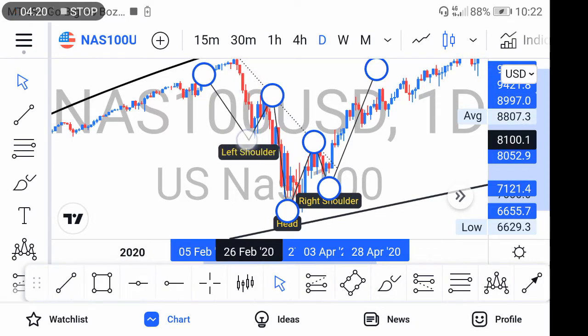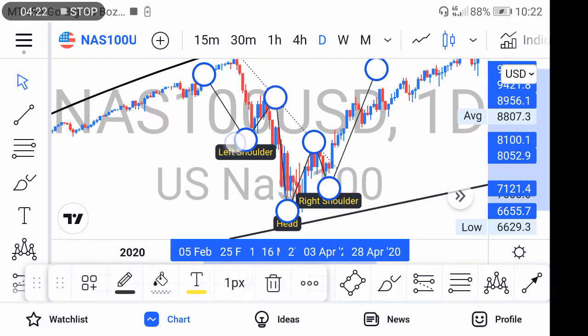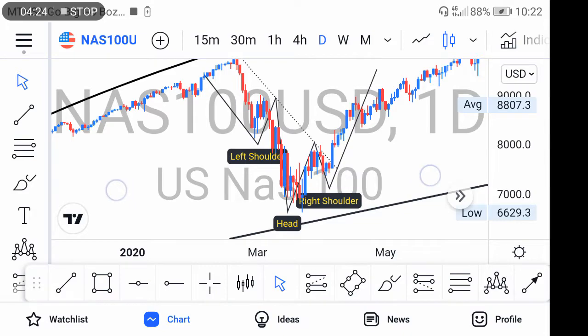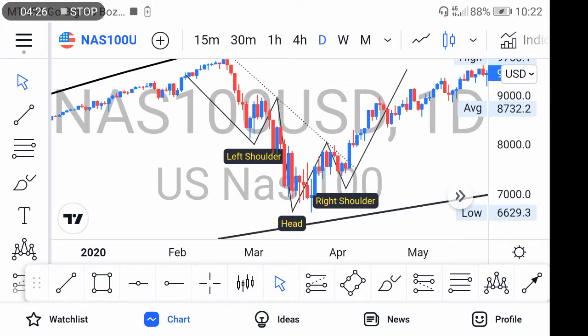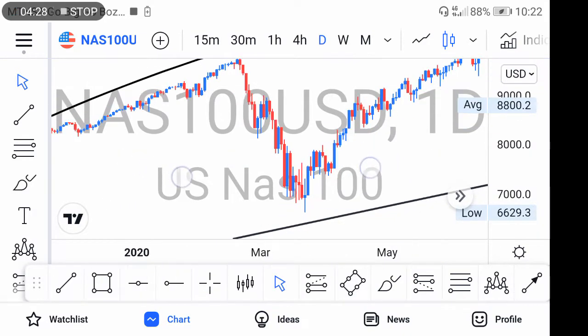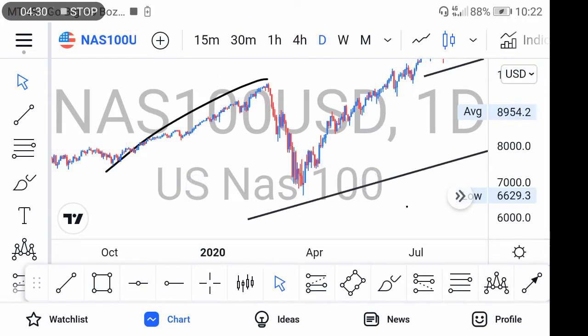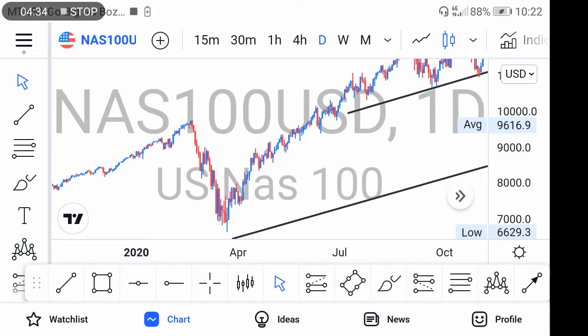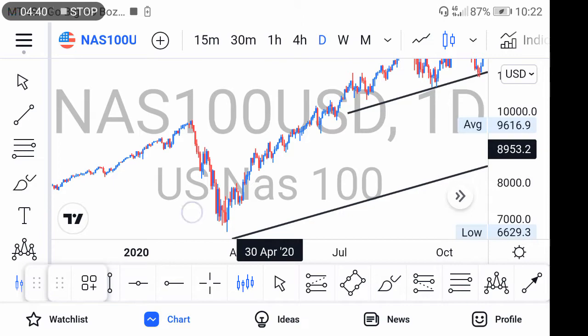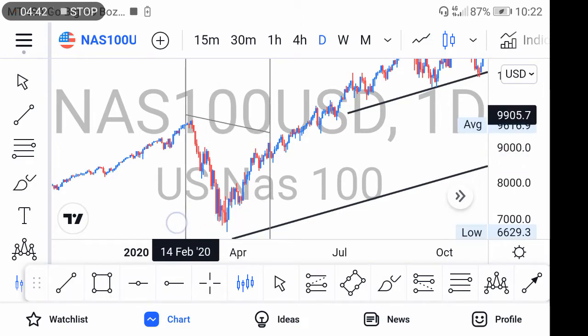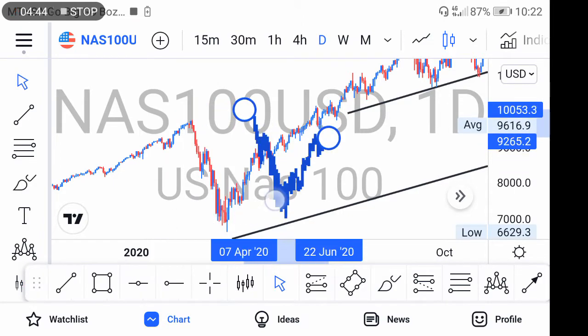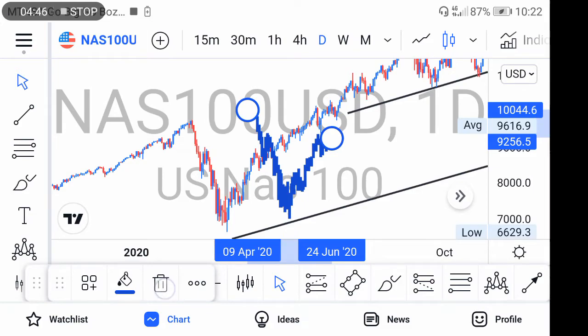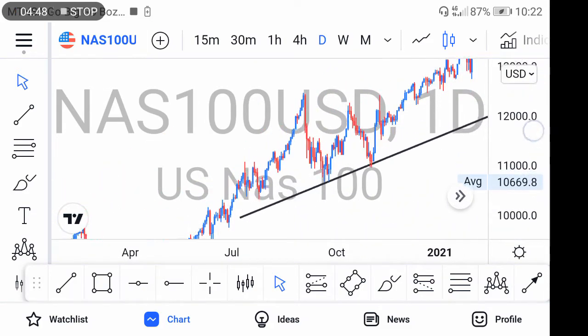This is the pattern that we need. We see this pattern on a bigger time frame. So each time price touches our daily time frame or weekly time frame, we want price to give us an inverse head and shoulders pattern.